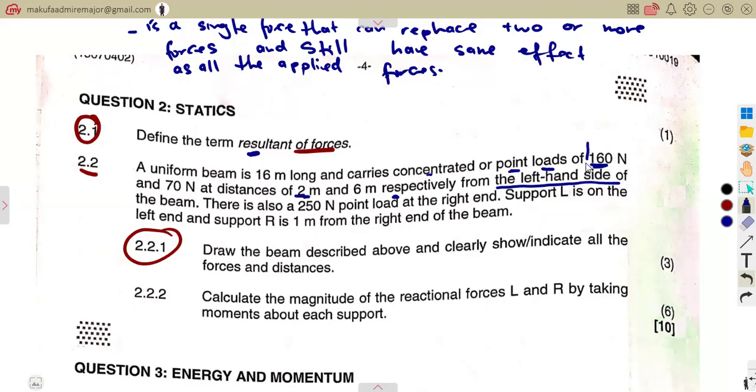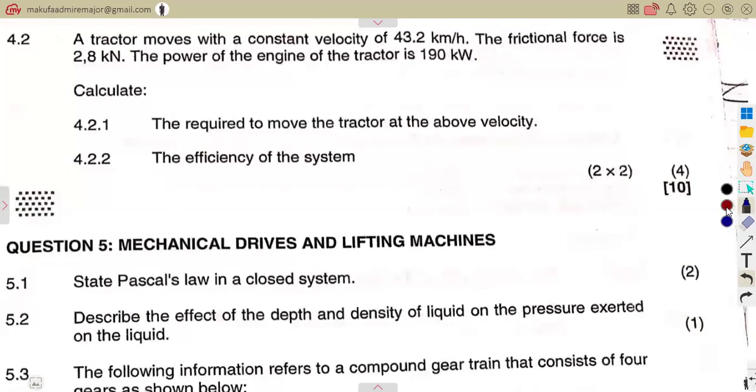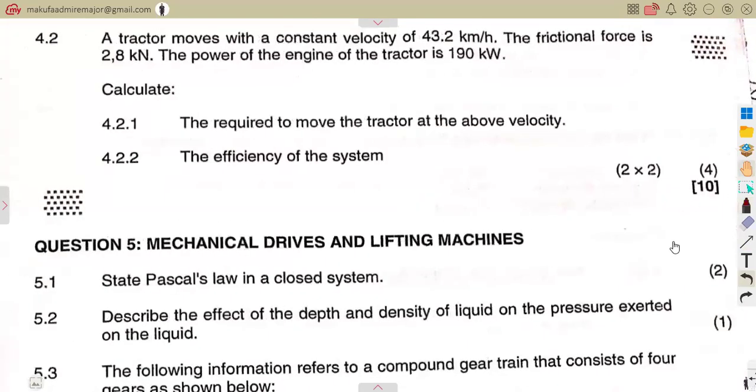So that is our 160 Newton, 2 meters. Remember, it's respectively. So 160, 2 meters from the left side, okay? So you're going to have something like this. Sorry for that, guys. I need that diagram.